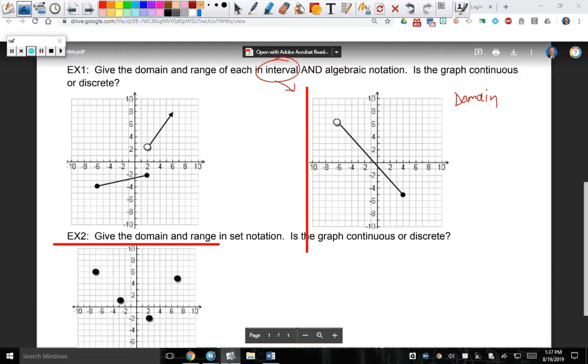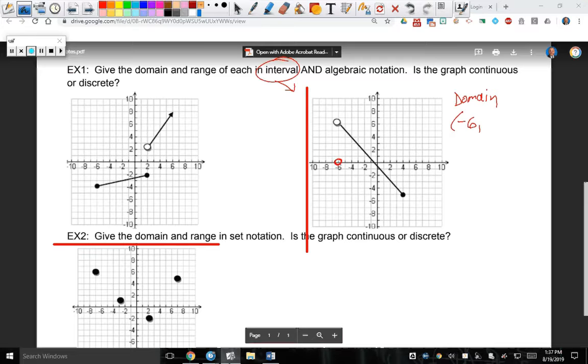I'm not sure. Let's go Maddie back here. What would I write, Maddie? It's -6. This is where you're starting. Closed or open? Like bracket or parentheses? Parentheses. Parentheses, because I'm not including -6. So look, this is what we're talking about. That's where we're starting.